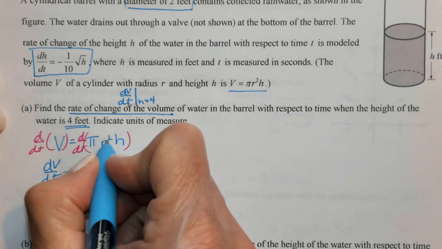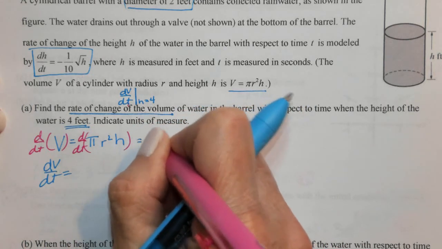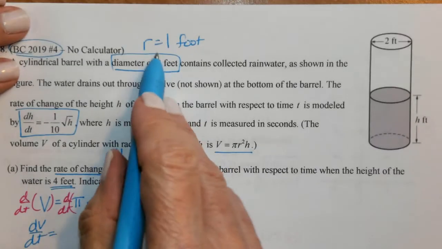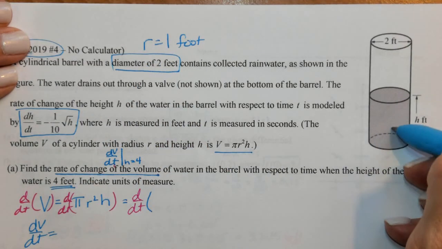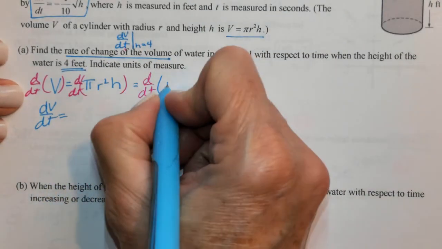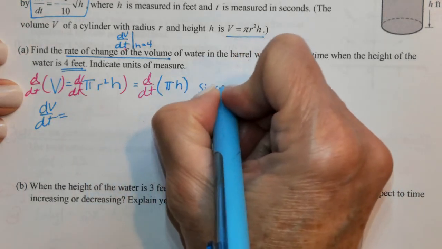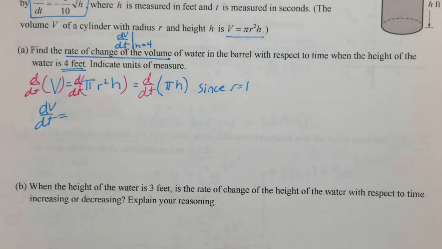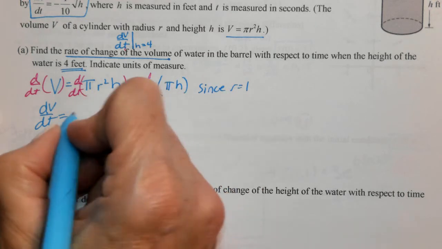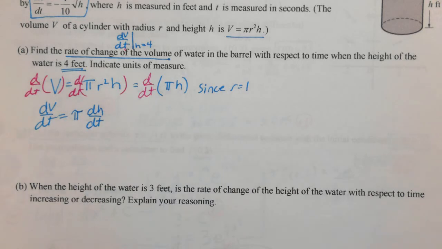I want to use something that's going to help me. R here is 1. R is 1 all the time. So I can just replace R with 1, since R equals 1. Now I'm just taking the derivative of this with respect to t, which is much more friendly. It's just pi dh/dt. Right?